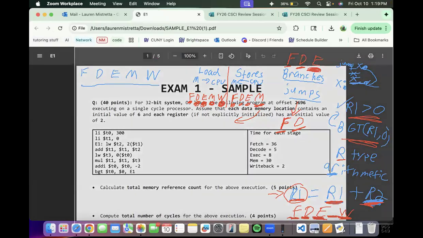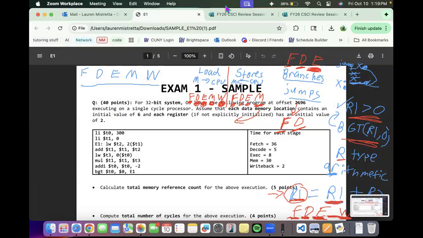I'm going to also put this in the chat as well, since it's a good resource to have. You probably have it in your notes, of course, but just so that you kind of have it when I clear the screen out. So now we go into the actual question itself.